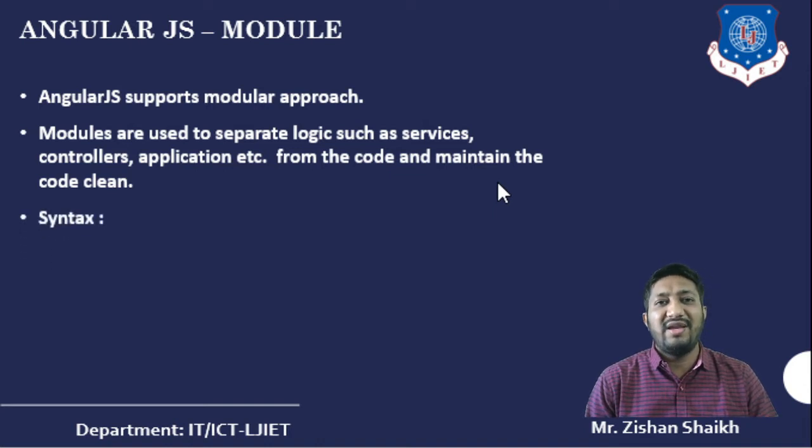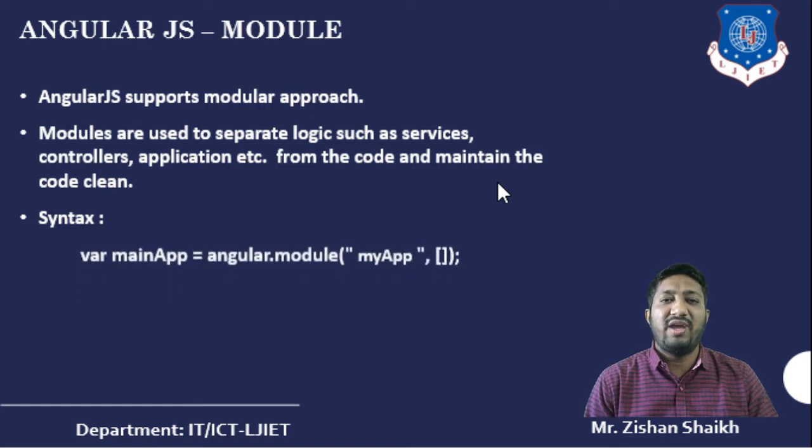How can we write a module in AngularJS? For writing a module, we have to use the following syntax: angular.module. The angular.module function is used to create one module. You can see there are two parameters. The first parameter is a string, and the second is brackets, which is an array symbol.